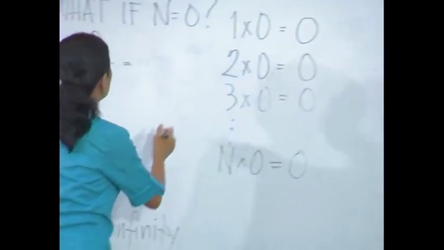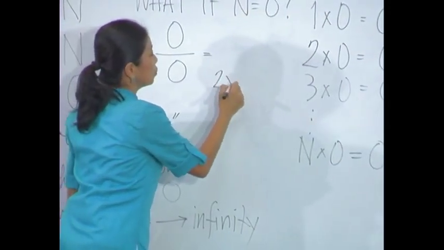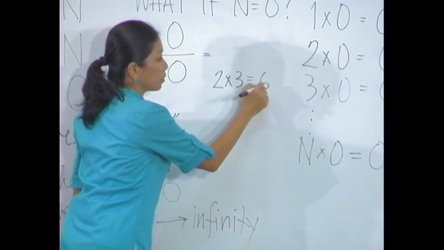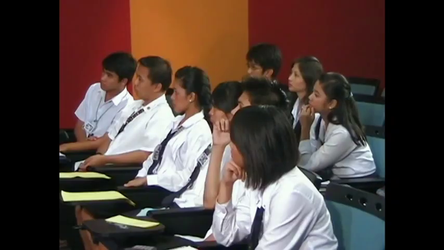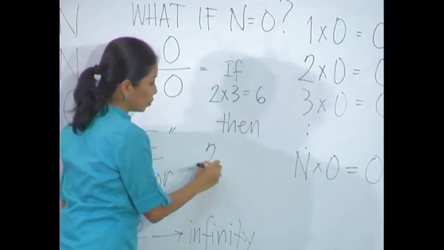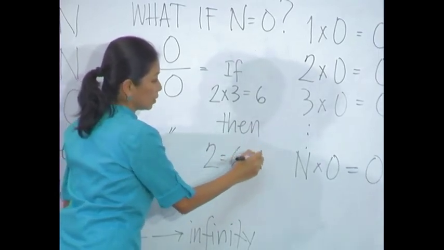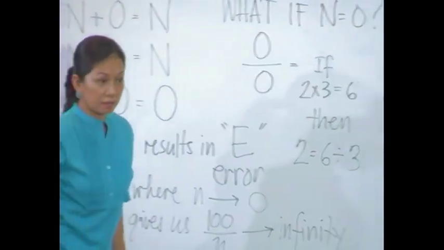Now, I'll do the opposite. We recall that if 2 times 3 is equal to 6, then 2 is 6 divided by 3, right?